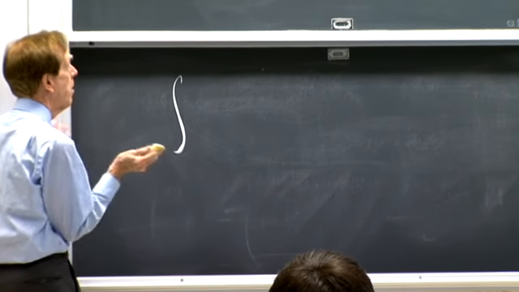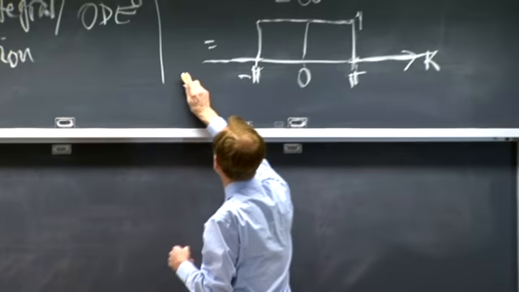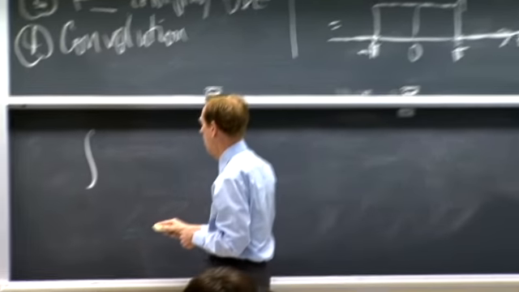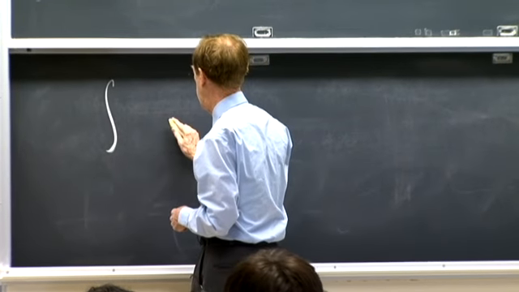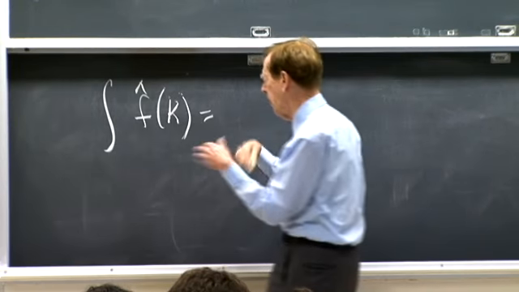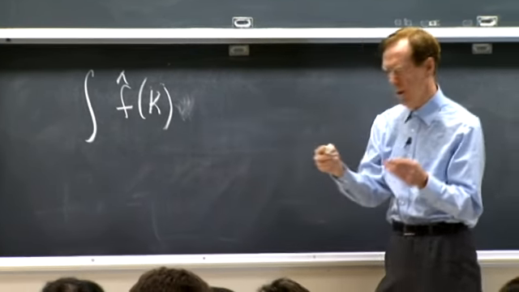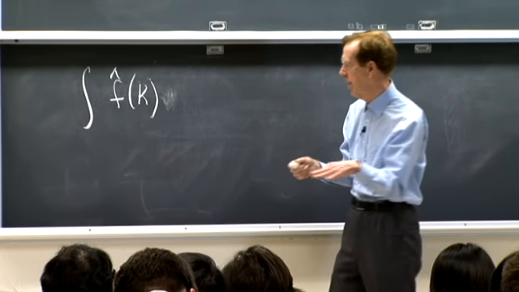So let me just do that, because that's a very important one that you should be prepared for. Here's my function of k. Now what do I do when I want to do the transform in the opposite direction?